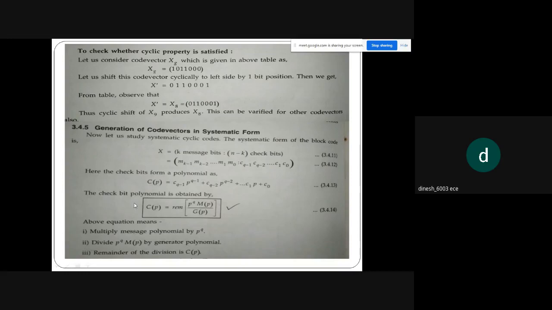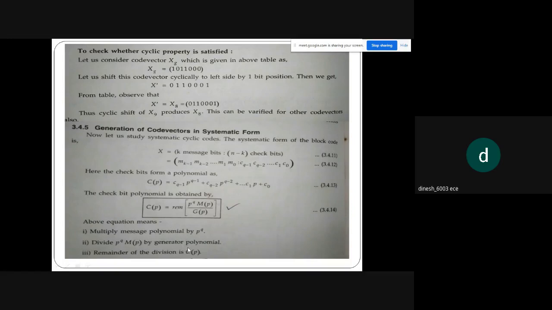So in general we can write the check bit polynomial can be obtained by the formula: remainder of p^q M(p) divided by G(p). C(p) is equal to the remainder of p^q M(p) divided by G(p). Where M(p) is the message polynomial, G(p) is the generator polynomial.